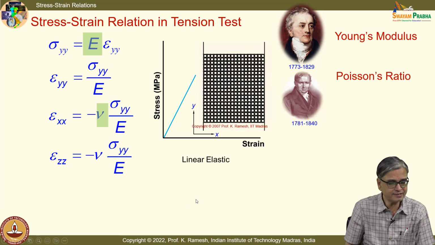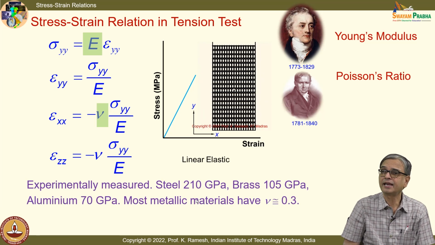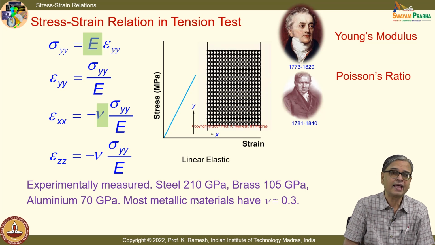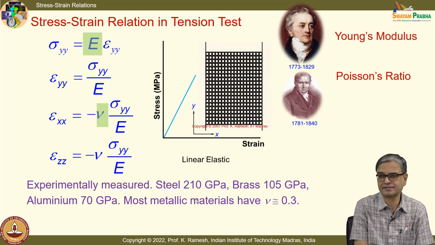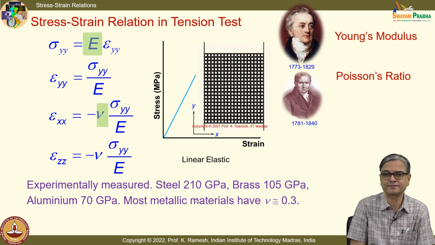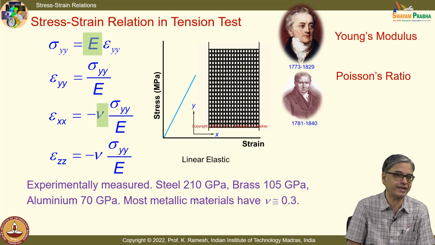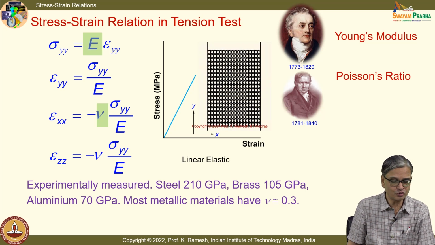And when you have this Young's modulus, you should also know the relative numbers. Please write this down. Young's modulus is always quoted in GPa, gigapascal, and your stress is usually quoted in megapascals, and strain as microstrain. You should know the relative values for different materials.